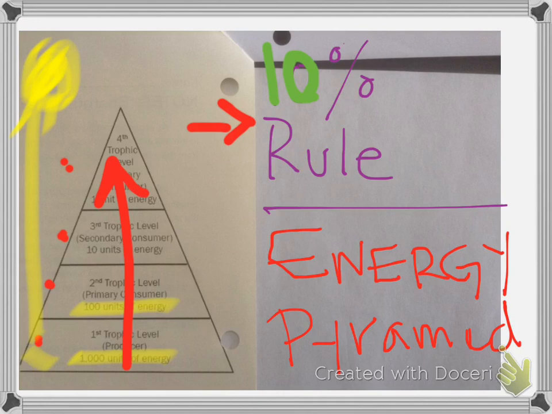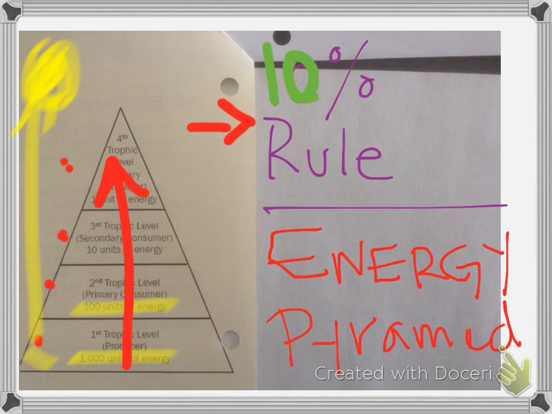So in order to compensate for that decrease in energy, we see that the consumers at the top have to eat more. So a tertiary consumer has to eat 10 times as much as a secondary consumer, or 100 times more than a primary consumer.